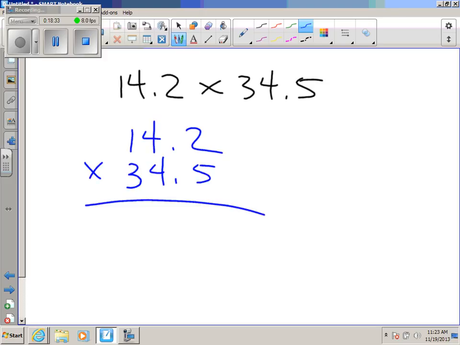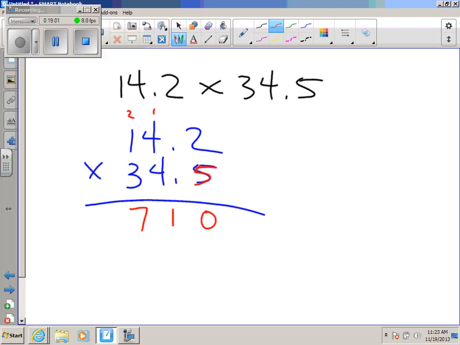And as I walk around, I can tell that most of the problems are coming with this third row. Not all, most. So I'm going to start with the 5. 5 times 2 is 10. 5 times 4 is 20, plus the 1 is 21. 5 times 1 is 5, plus the 2 is the 7.